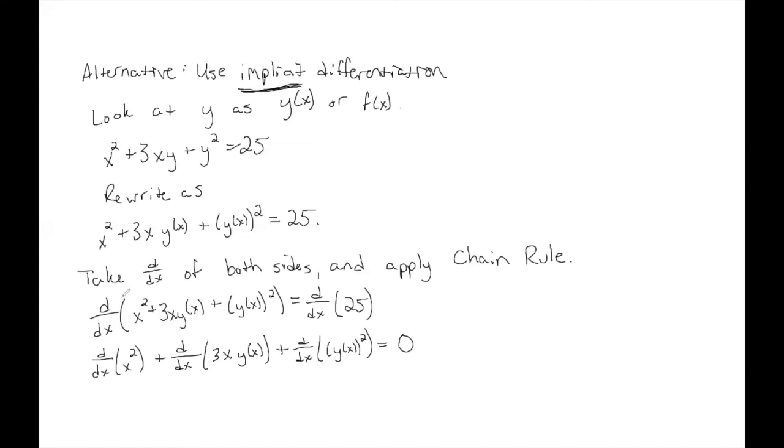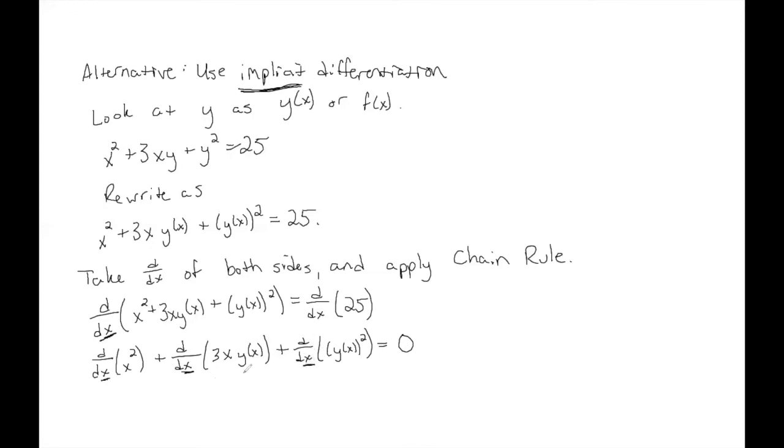Now, notice these are regular d's. They're not the scripty d's. I'm not taking a partial derivative here. I'm taking the derivative with respect to x. This part right here is crucial. It's important now that I'm taking a derivative with respect to x.